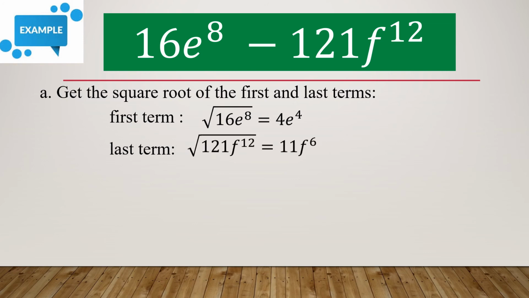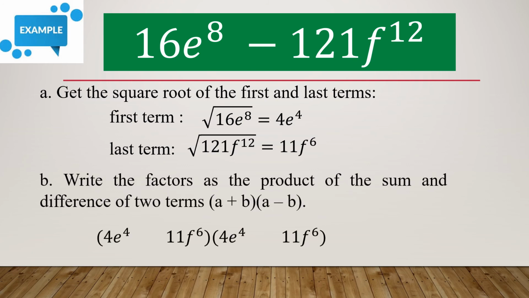Yes, it's 4e raised to 4, and for the last term, it is 11f raised to 6. Rewriting them as the product of the sum and difference of two terms, we get the factors: the quantity 4e raised to 4 plus 11f raised to 6 times the quantity 4e raised to 4 minus 11f raised to 6.